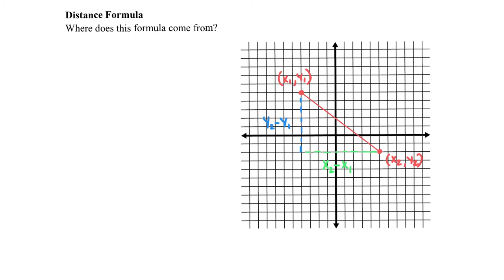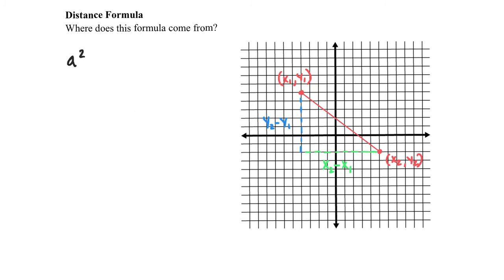Now, what is that good for? Well, you already know from the Pythagorean theorem that since I have a right triangle, a squared plus b squared is going to give us our hypotenuse squared. So this all comes back to the Pythagorean theorem.